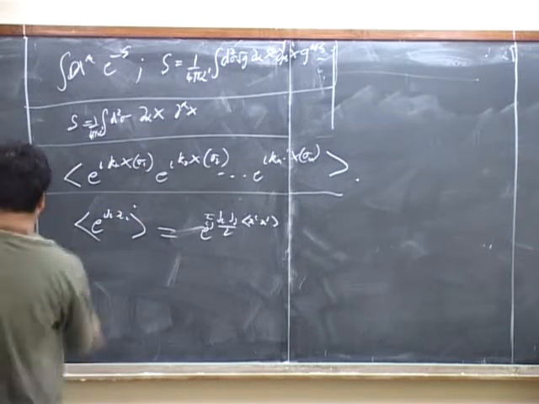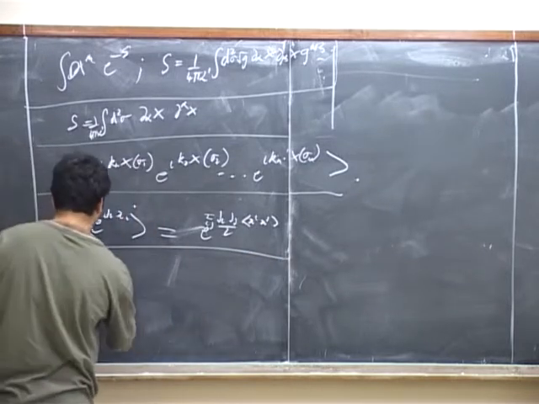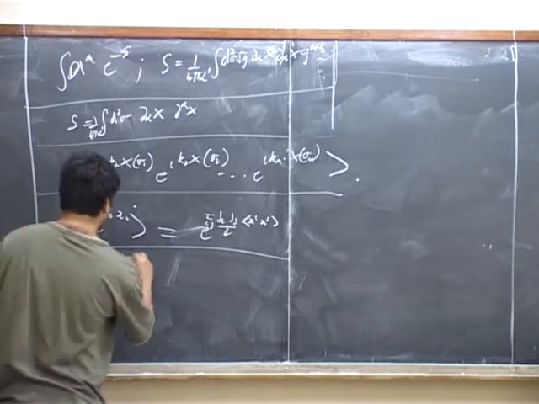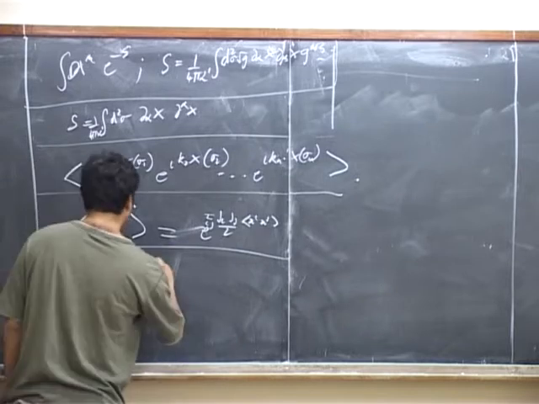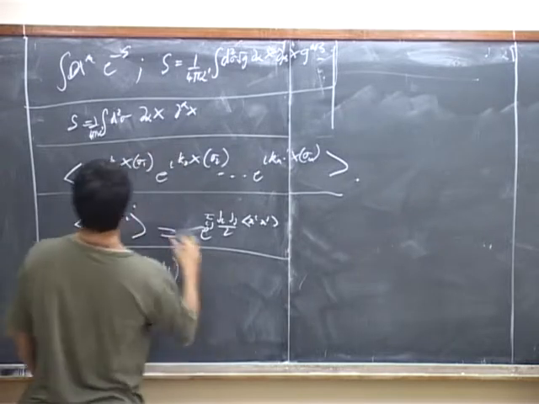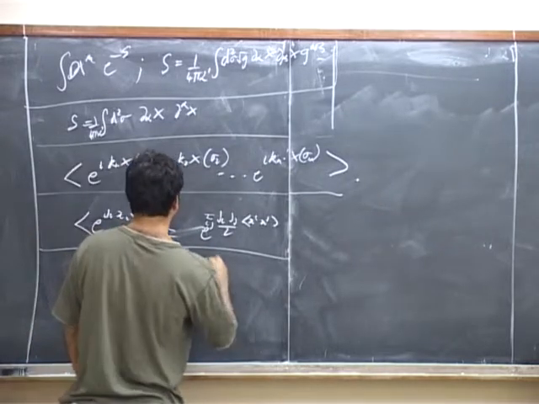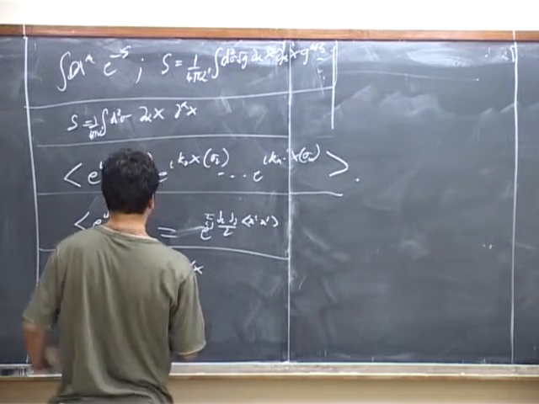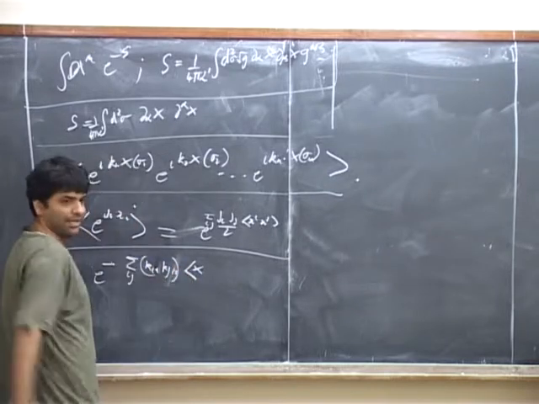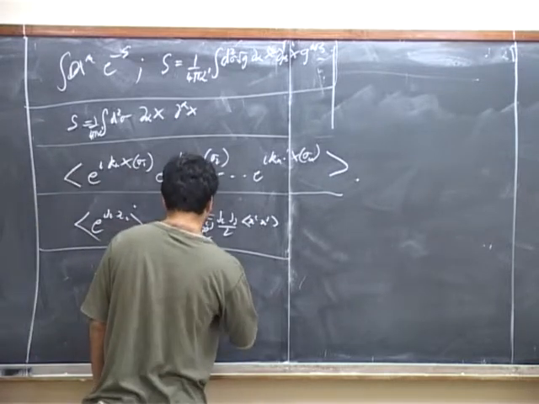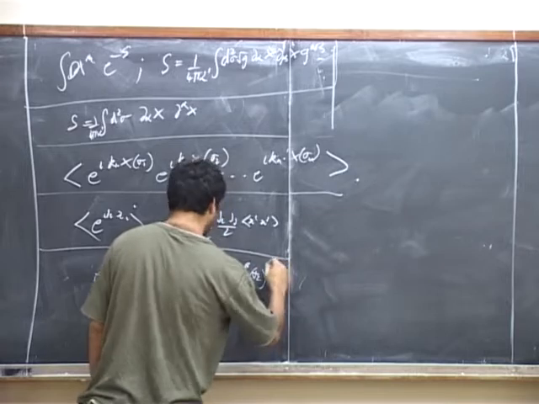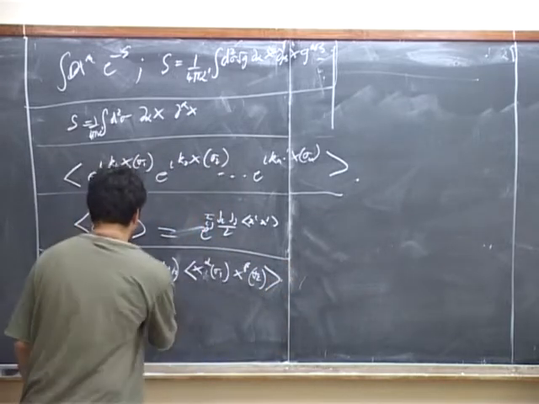So the answer then is simply e to the power, now this is minus because i squared is minus 1, then sum over i and j, ai dot aj into the expectation value of, well, to be more precise, this is ki alpha kj beta, the expectation value of x alpha sigma 1 of x beta sigma 2.